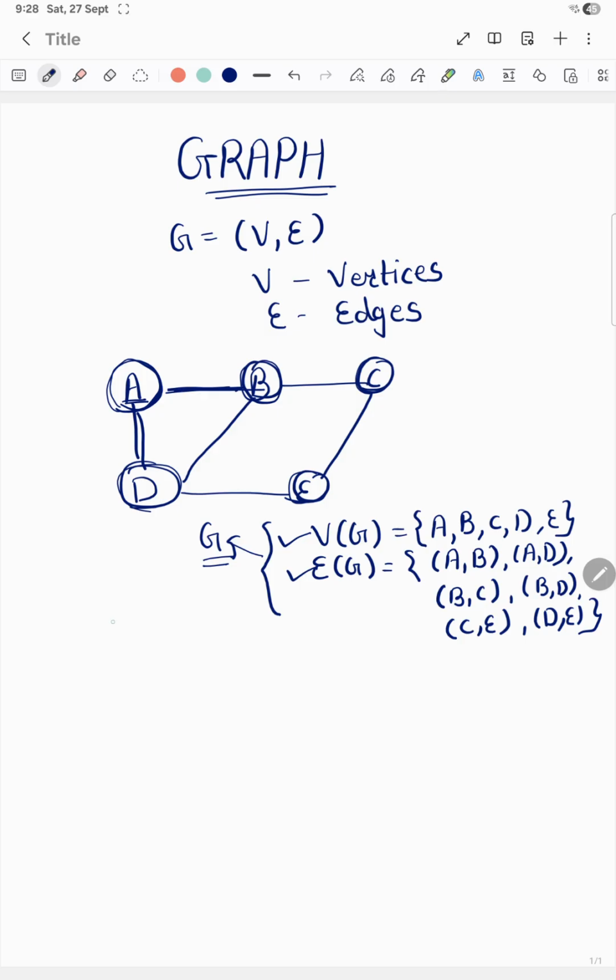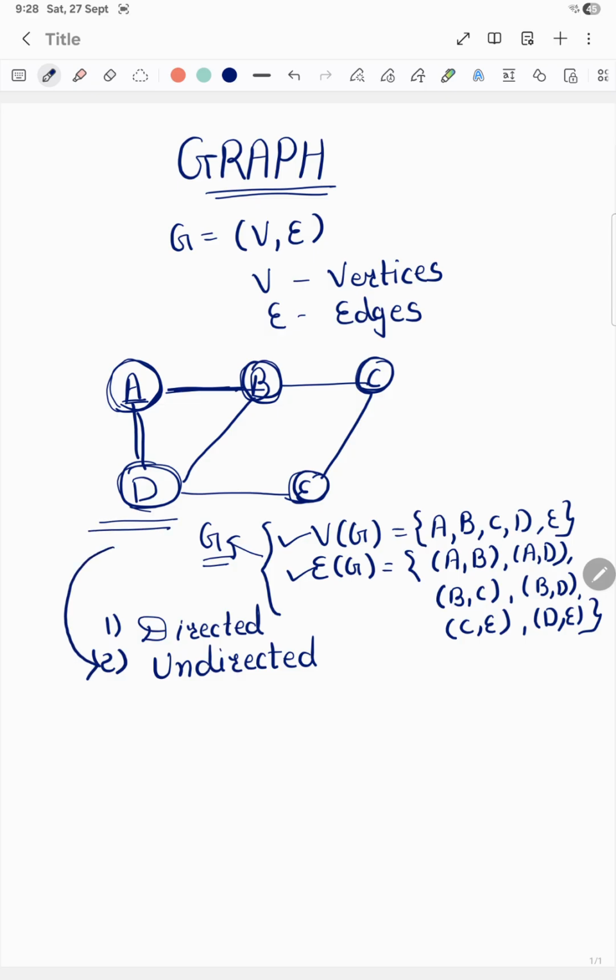Now this graph can be of two types. One is a directed graph, and the other one is an undirected graph. What you are seeing in this example is an undirected graph, because here we have not given a direction to the edges.